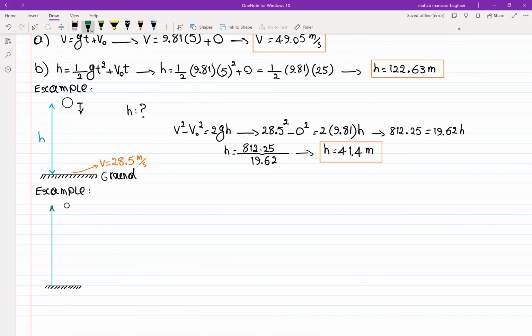Here, that's h. If we drop it, it takes 3 seconds to reach the ground at the bottom. So therefore, it takes 3 seconds. If it takes 3 seconds, what is the height of this falling object at the beginning? What is h?